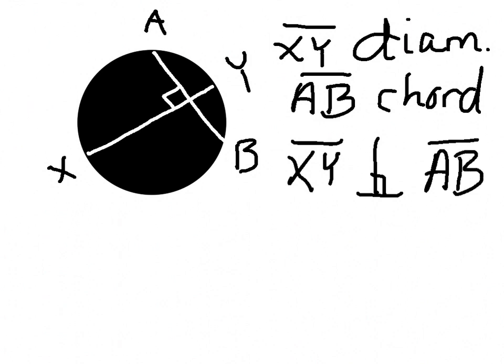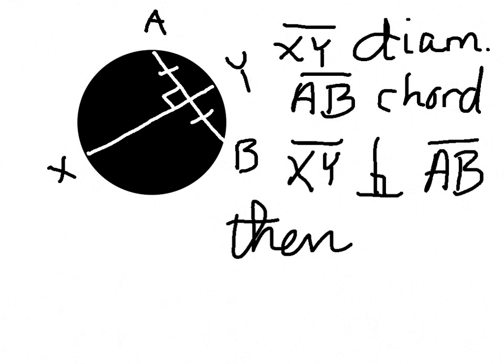So if you have a diameter perpendicular to a chord, then something happens. And here's what happens. The two pieces that the chord is cut into are actually equal. So in other words, the diameter bisects the chord.